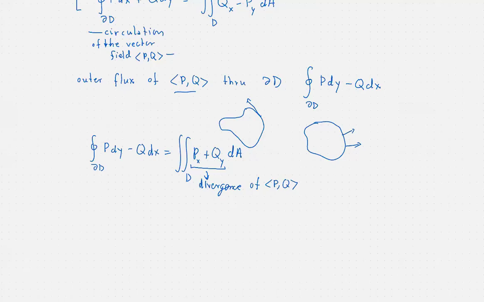Meaning, if we actually start with this integral and we apply the traditional Green's theorem, that tells us what? That we should take whatever is sitting in front of dy and differentiate it with respect to x, and subtract from it whatever is sitting in front of dx and differentiate that with respect to y, then we get exactly P sub x plus Q sub y. So it's precisely the same thing.